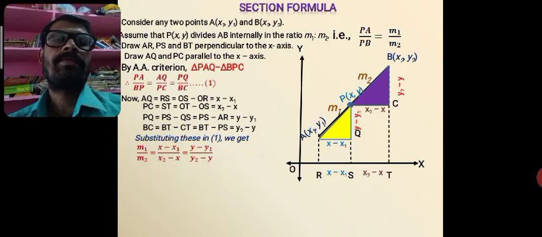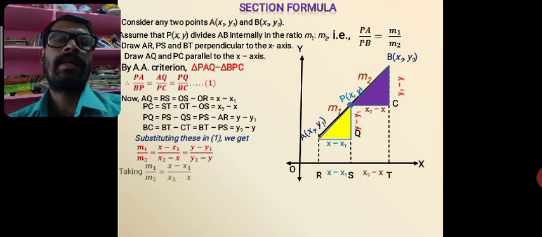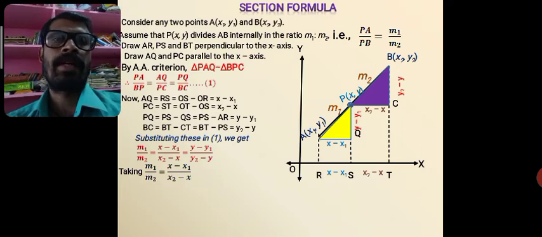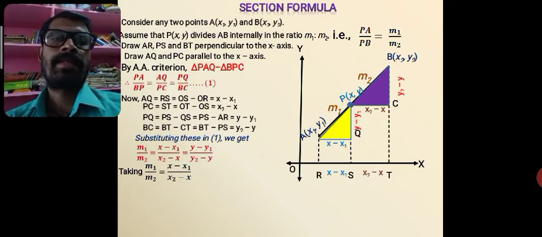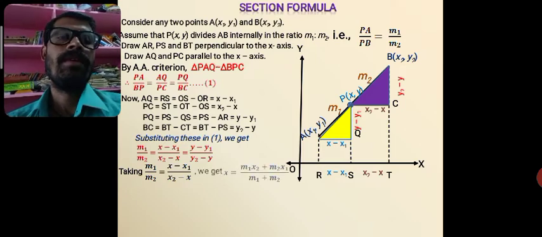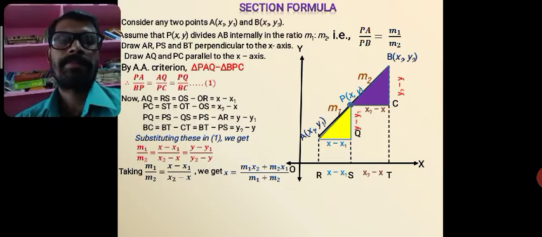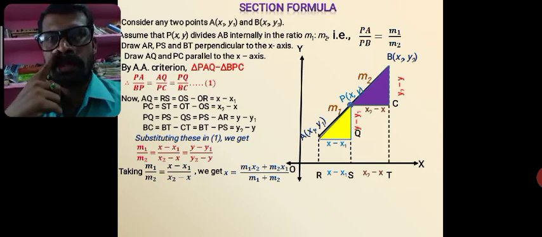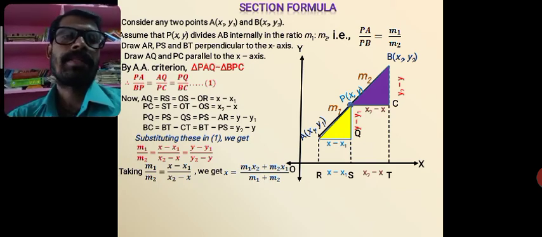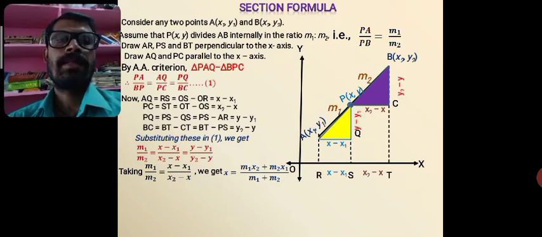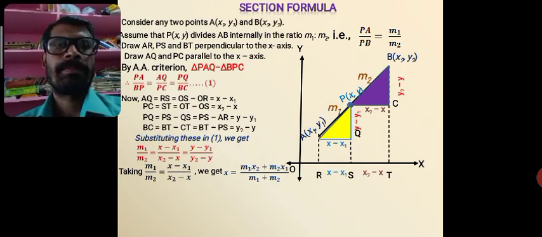So let us take the first ratio. Let us consider m1 by m2 is equal to x minus x1 by x2 minus x, and by cross multiplication and simplification, solve for x. After solving for x, we get x is equal to m1 into x2 plus m2 into x1 by m1 plus m2.